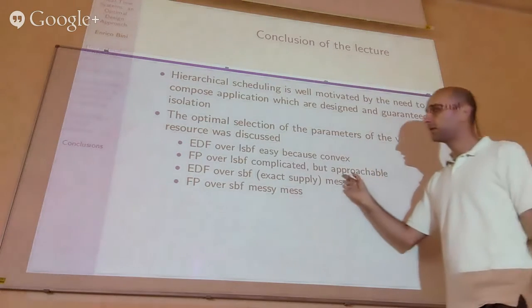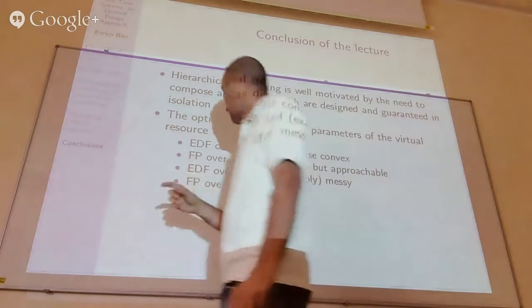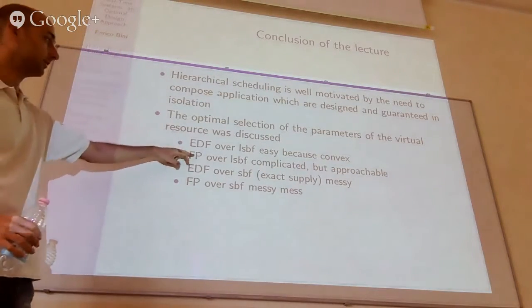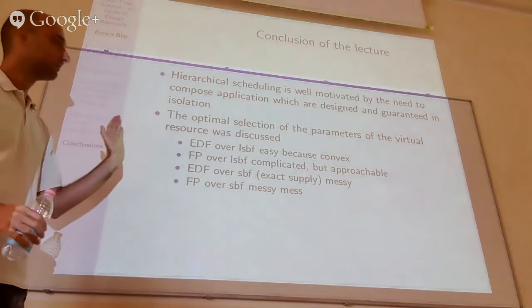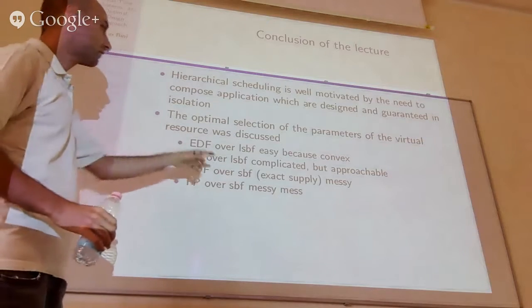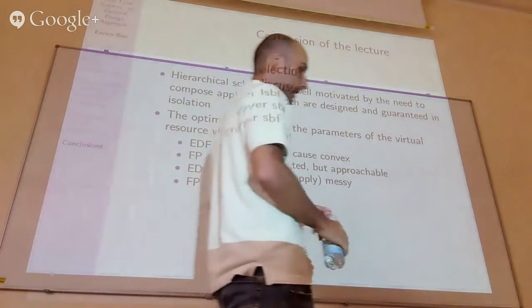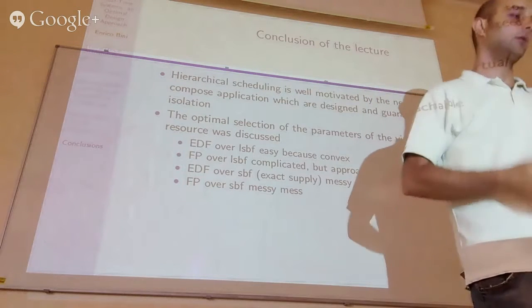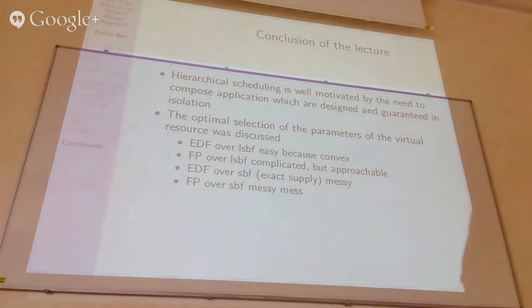With fixed priority it is complicated but approachable, because you're also making the union, but still of regions which are somehow regular. But with the exact case, you have that strange shape, which is more involved.